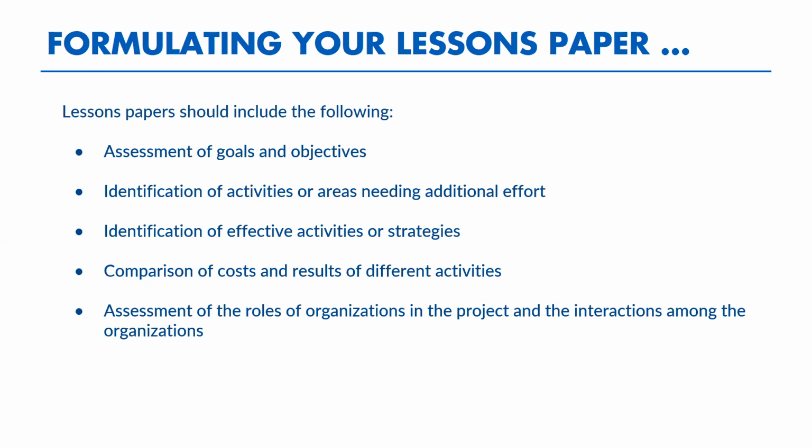And then the assessment of the roles of organizations in the project, and roles of organizations, key stakeholders, individuals, and interactions among organizations. This is something that's rarely looked at, but the ability to collaborate well between organizations, and typically it's not one organization that's doing a fairly large project, or even smaller projects, and those interactions between different organizations, different individuals, need to be really assessed to see if there was the optimal level of collaboration between the different actors as part of the project.